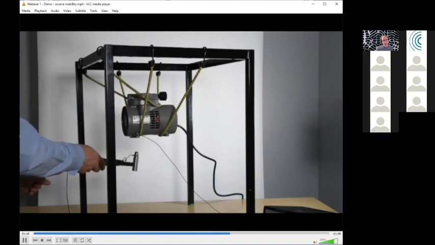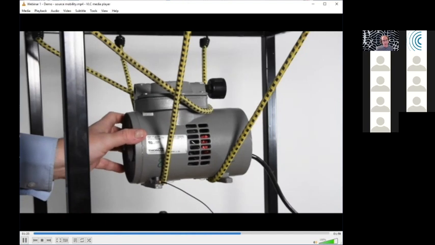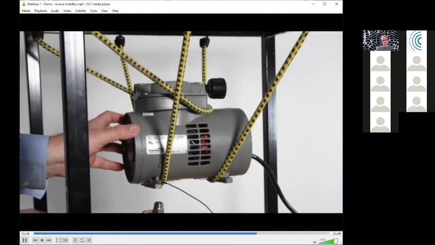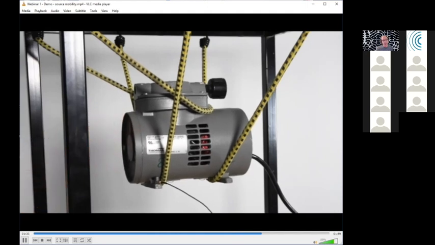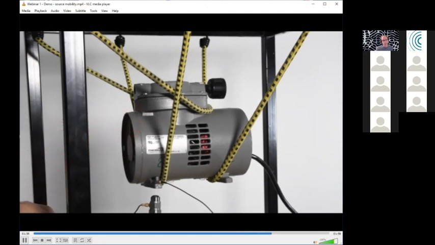This is that resilient suspension that Jost mentioned during his talk. It's a setup we would use if we were measuring free velocity as well, if the pump was actually in action. But here it's unplugged, it's a passive element, and Gary's measuring the driving point mobility at the fixing point.